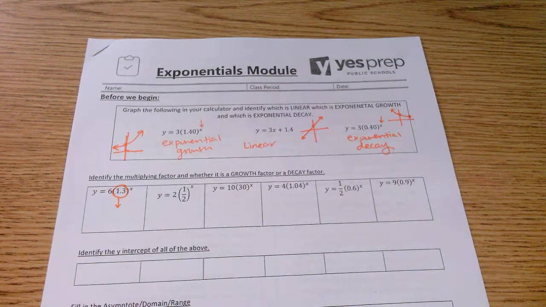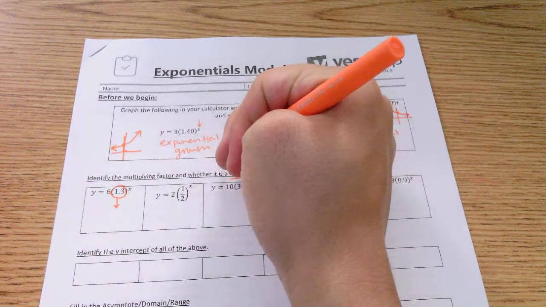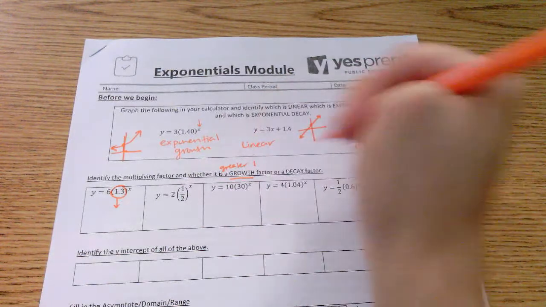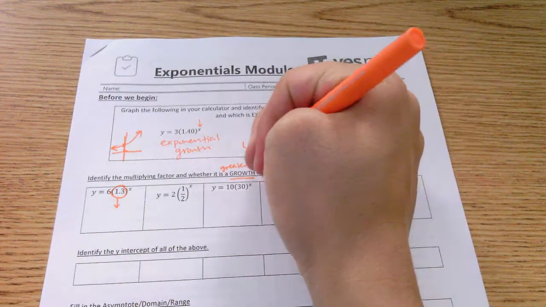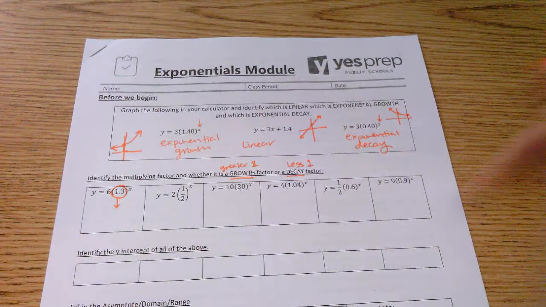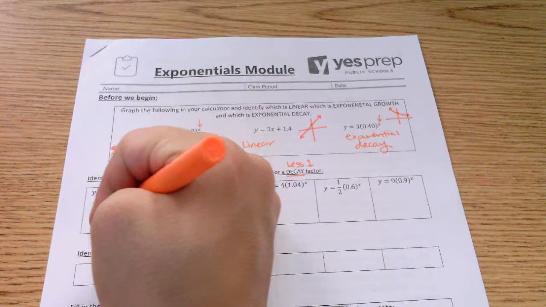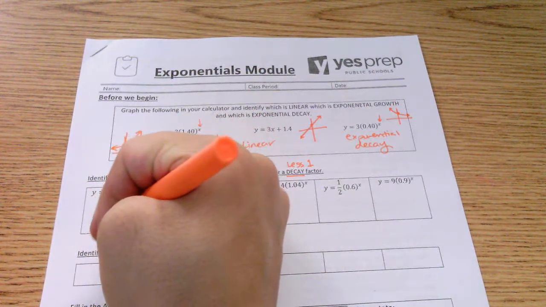And since it's the multiplying factor, I can decide if it's growth or decay. I say it's growth whenever it is greater than 1, or decay factor when it is less than 1. So I see this as 1.3, that means it's larger. It is a growth factor. Sorry about my handwriting.